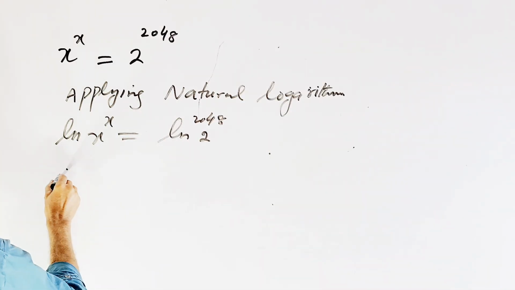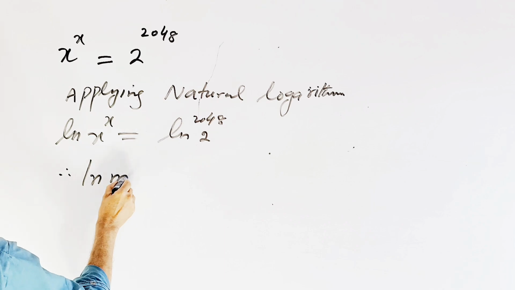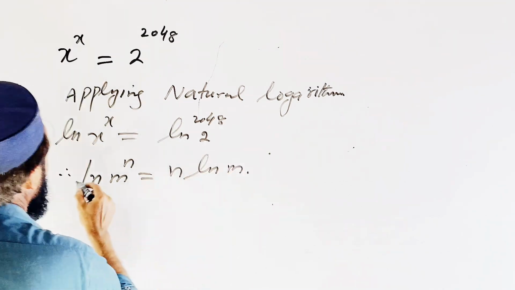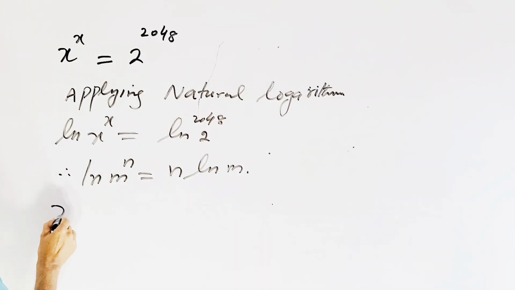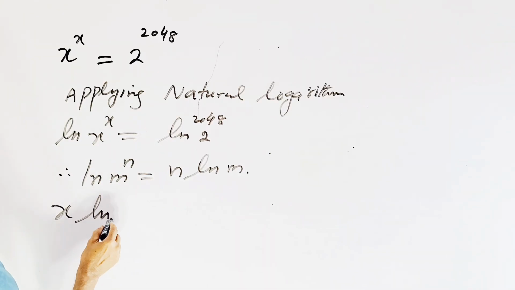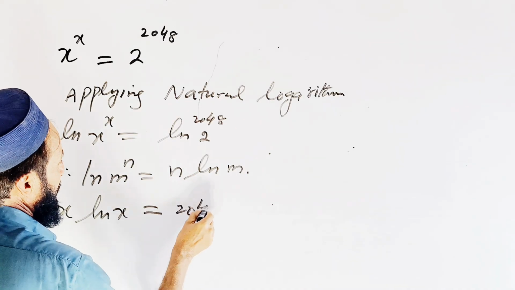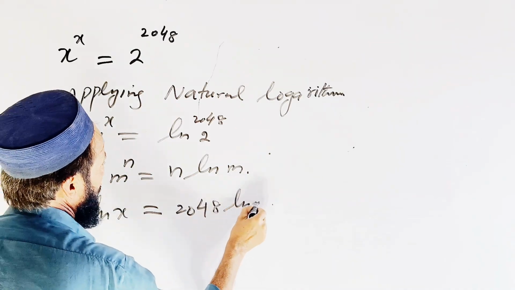Now another rule we apply, the log of m to the power n is n times the log of m, on both terms. So this implies that x log x is equal to 2048 log 2.